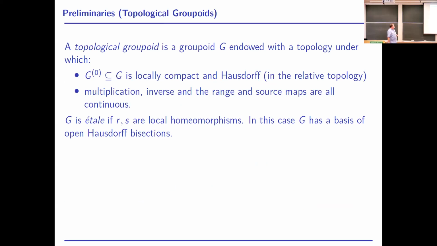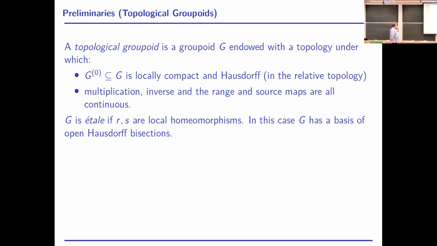So we're in a C-star algebra world. We want to assign a topology to this thing. So a topological groupoid is a groupoid G with a topology under which the unit space G0 is locally compact and Hausdorff in the relative topology. So even though the talk is called non-Hausdorff groupoids, we do have a lot of Hausdorff behavior going on inside in relative topology. And the multiplication, inverse, and the range and source maps are all continuous.